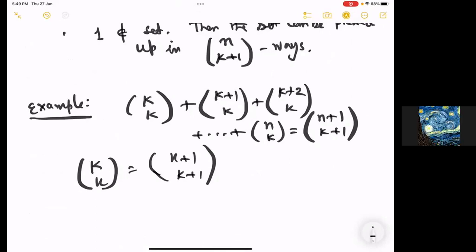Sir, if there are n plus 1 elements, then first we keep the first element in the set, and then we take k elements from the n elements left. Then we keep the first two elements, and then we choose k minus 1. No, it's wrong.